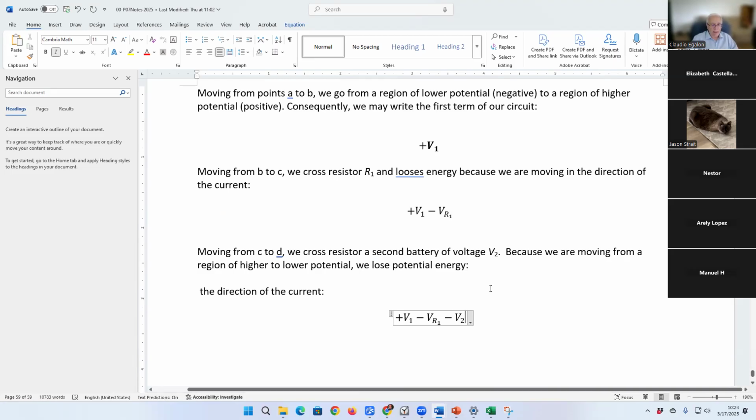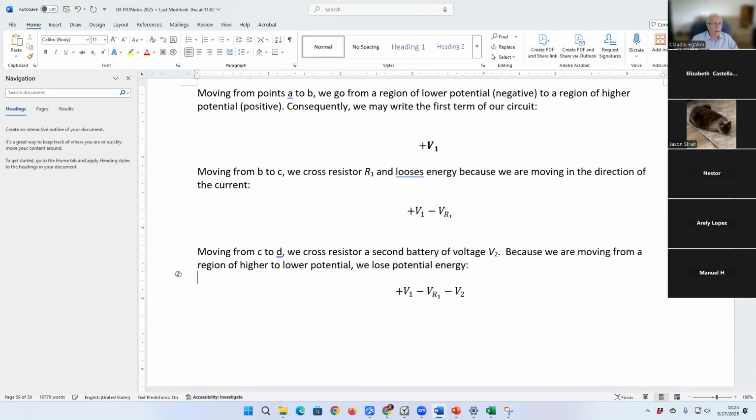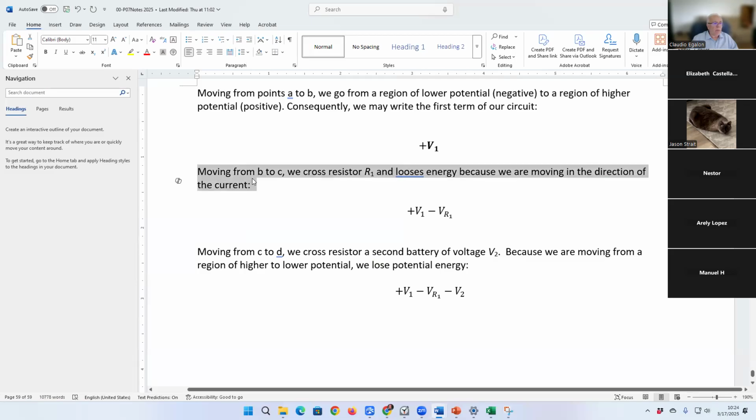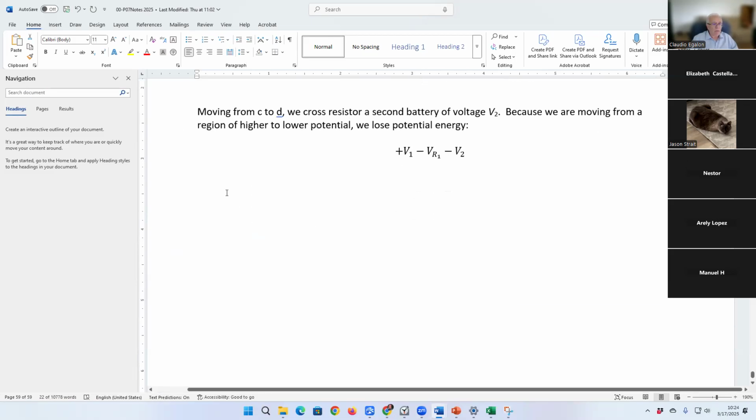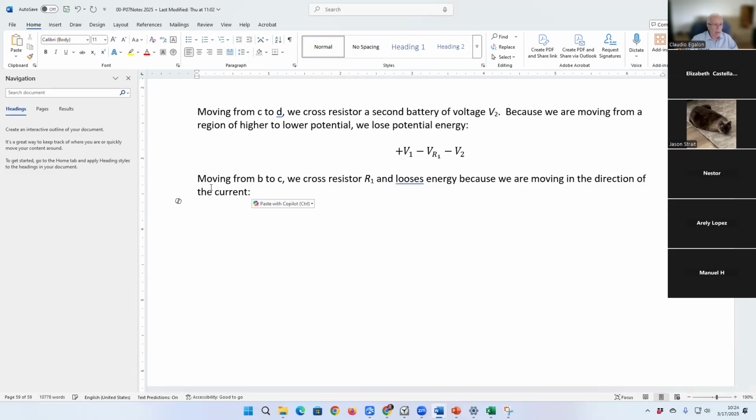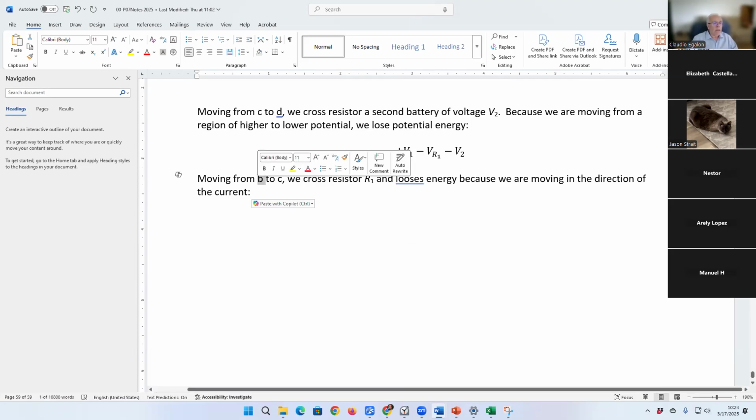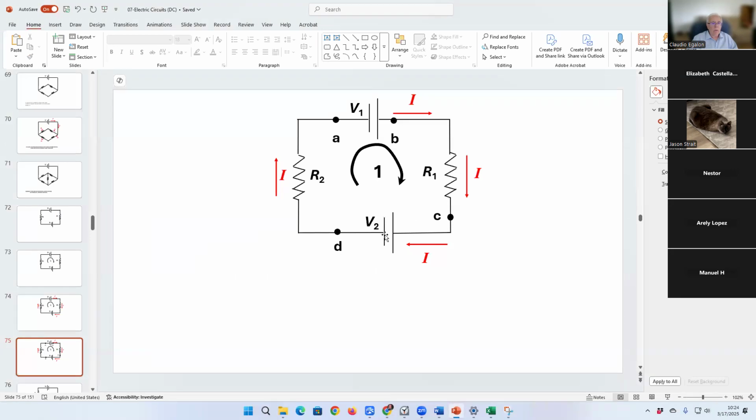And then we have finally our last term, moving from D to A. It is going to be similar to moving from B to C. We're closing the circle now. Moving from D to A, we cross a second resistor, R2, in the direction of the current, and we lose electric potential again.